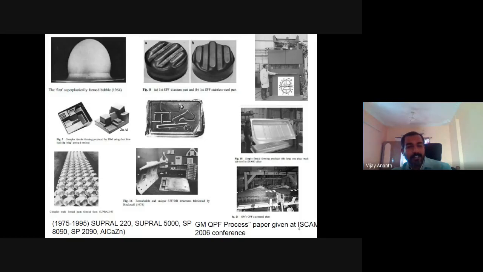The history of superplastic forming: it began in 1964. It is Backofen, he is a pioneer of superplastic forming. Backofen formed the first bubble in 1964. Then in 1965, Johnson made the tube formation, right?